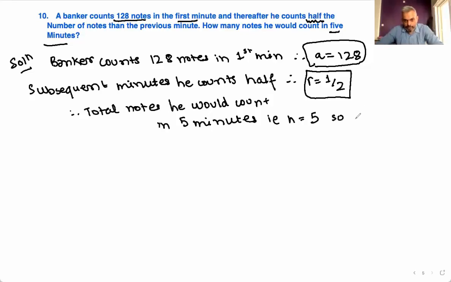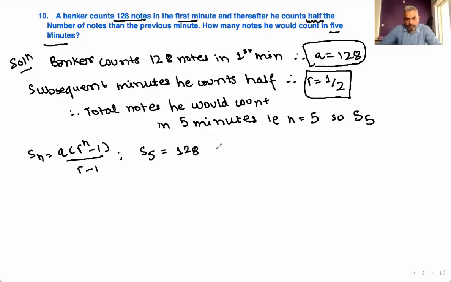So S5. Now Sn is equal to A into R raised to n minus 1 upon R minus 1. So S5 is equal to 128 into R is 1 by 2 raised to 5 minus 1 upon 1 by 2 minus 1.